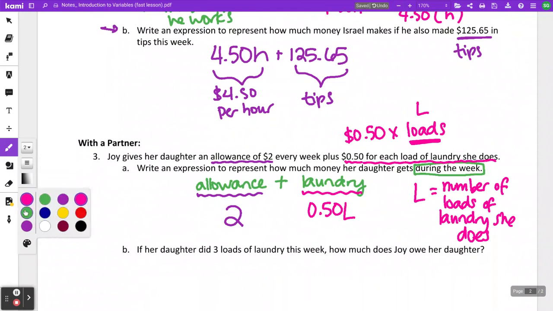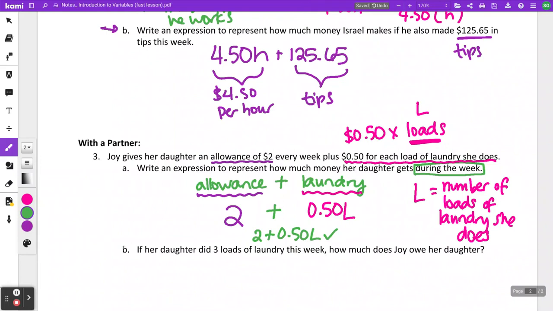So my final expression to represent how much total money she gets, $2 in allowance plus 50 cents for each load of laundry she does. Our final expression is going to be 2 plus 0.50 L. That is our expression to represent the money she gets during the week.